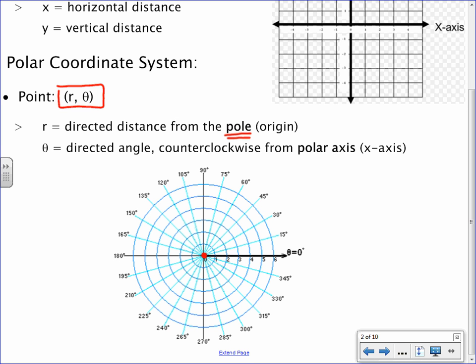And then theta is our angle that we're going to rotate counterclockwise from the polar axis. Polar axis is what we like to think of as the positive x-axis. But when we're talking about graphing on a polar coordinate system, we are not talking about an x and y axis.